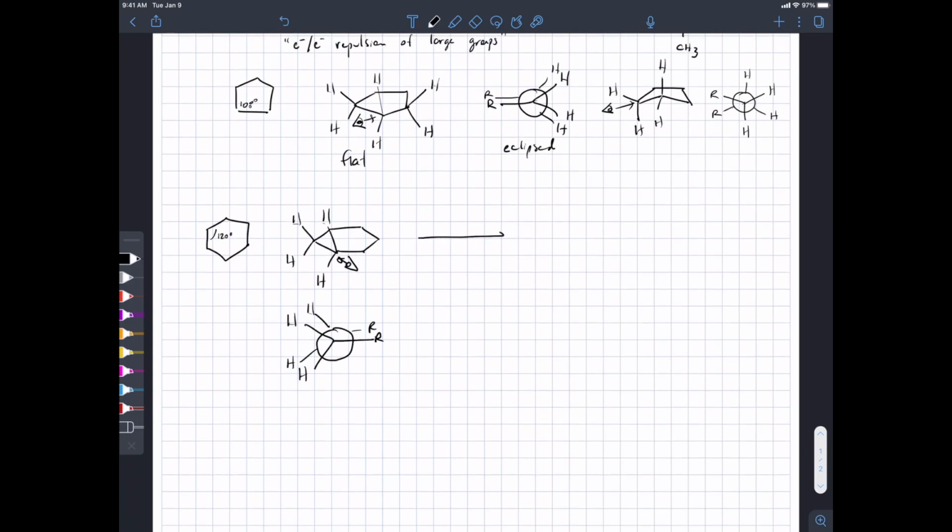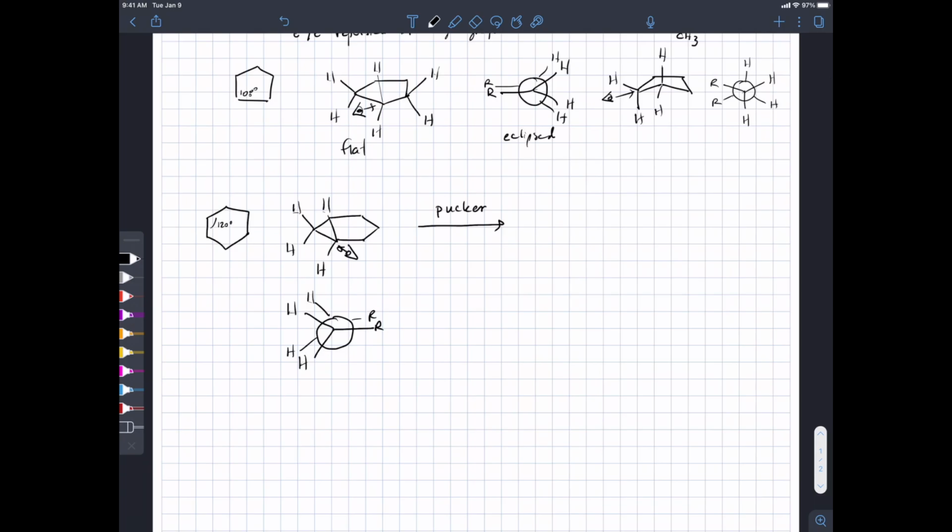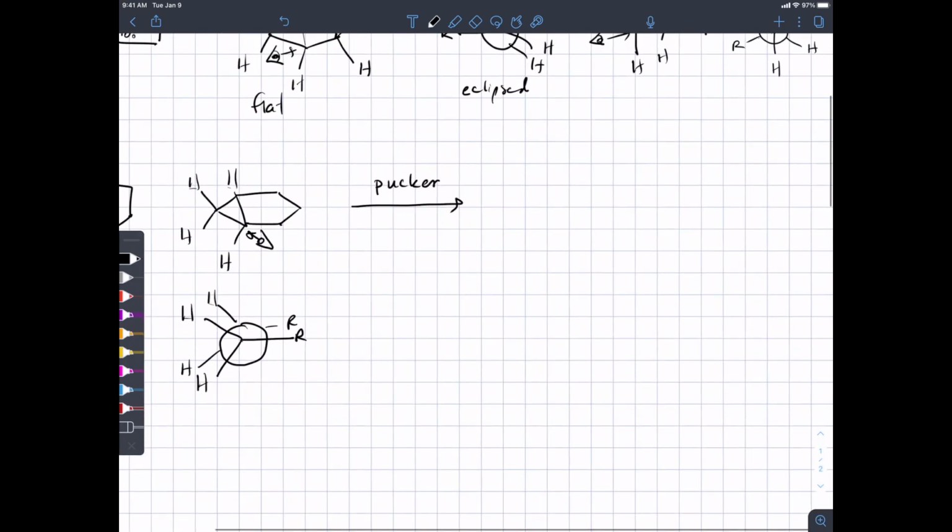So instead, that flat ring is going to pucker, but it's going to do so in an interesting way. And this is something that you're going to need to get good at drawing. I'll talk to you about how to do that in a little bit.